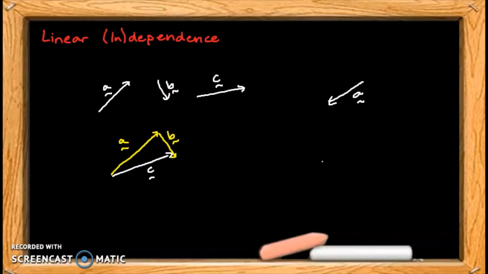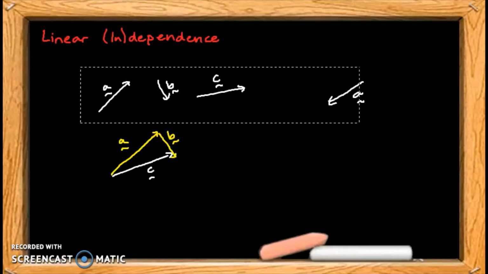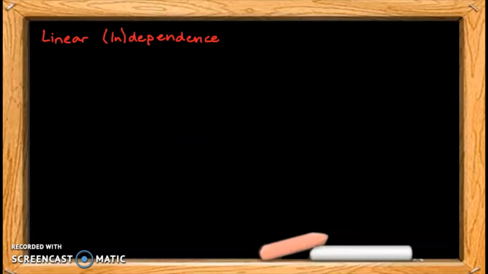Now, if I have only two vectors in a set, then the only way those two vectors will be linearly dependent is if they're parallel.